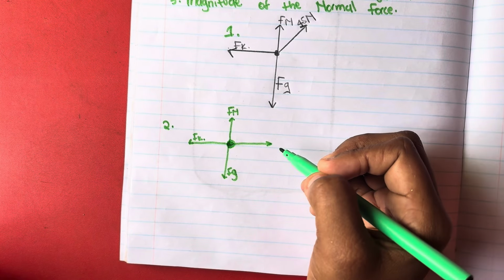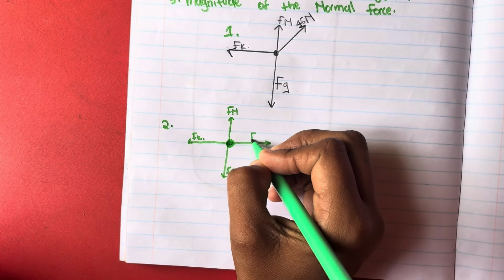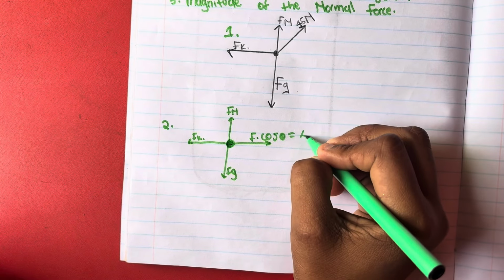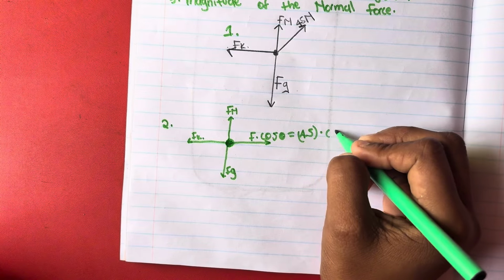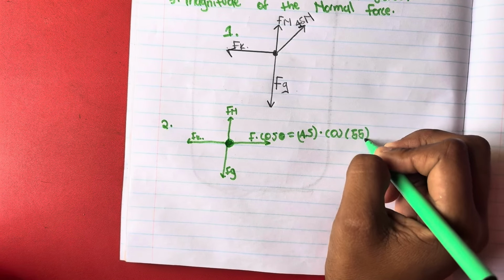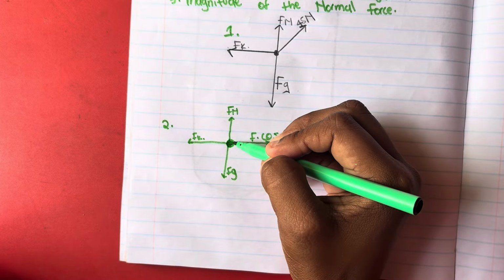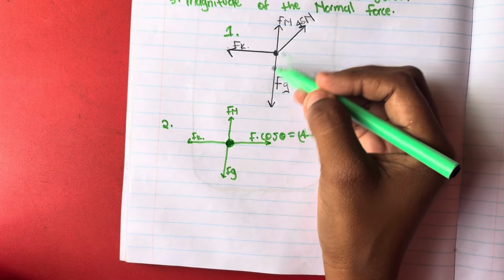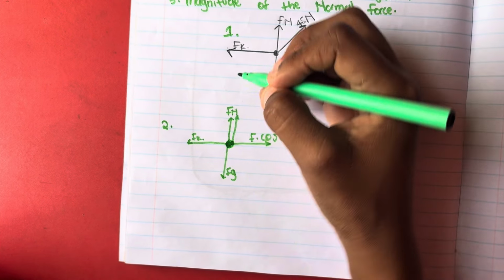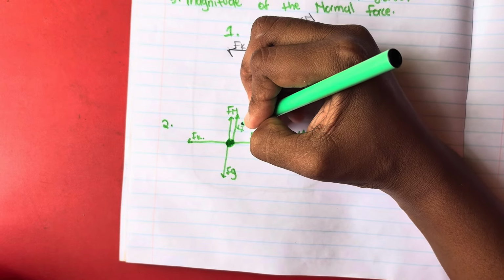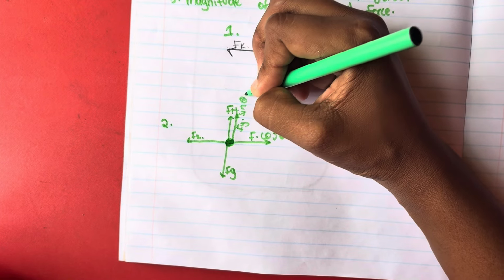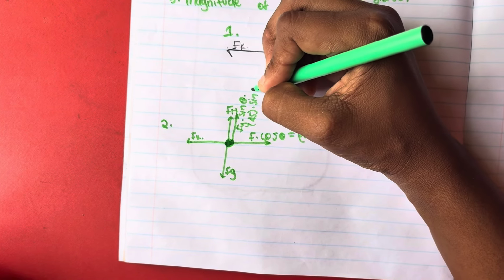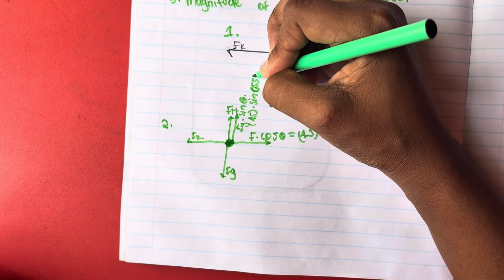This is going to be the x component of this force, so it's going to be F cos theta, which will be 45 N multiplied by cos of 55 degrees, right? And then we are going to have another component of this applied force going upward, which will be Fy, F sine theta, which will be 45 multiplied by sine of 55 degrees, right?